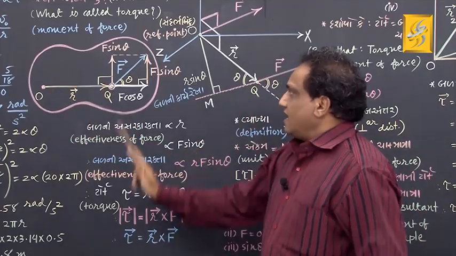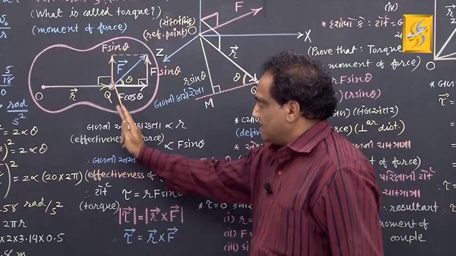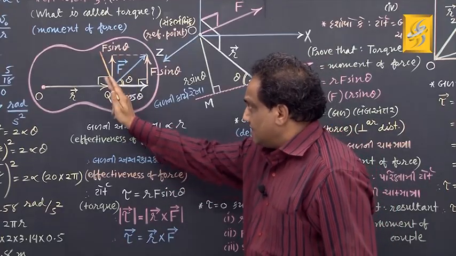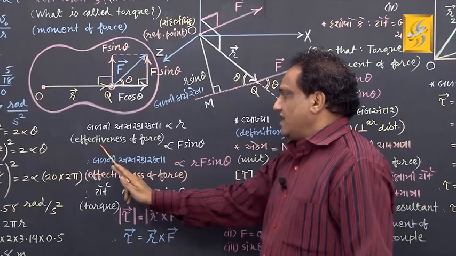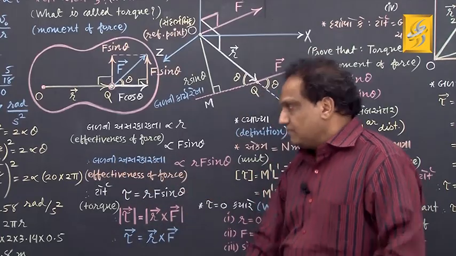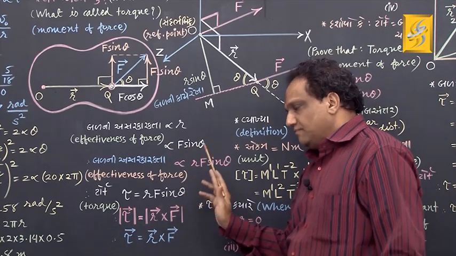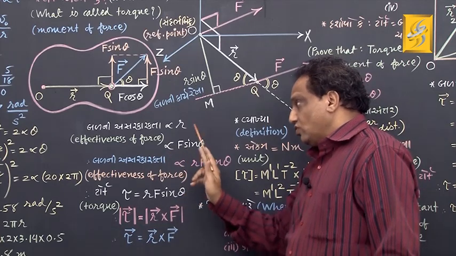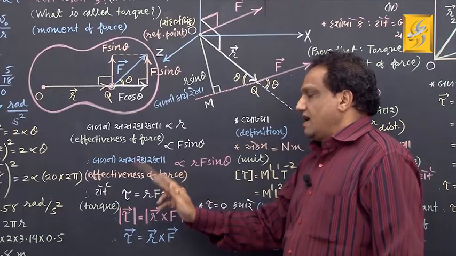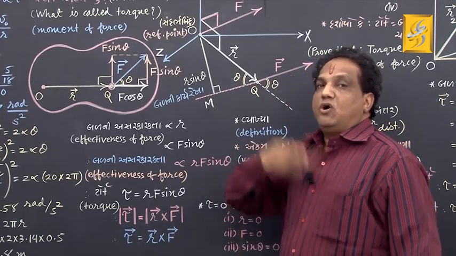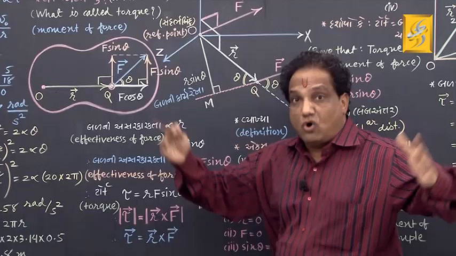Not only that, as this perpendicular force increases, the effectiveness of force also increases. So effectiveness of force is directly proportional to F sin theta. If either of these two or both are increasing, then the amount of rotational motion is also more.